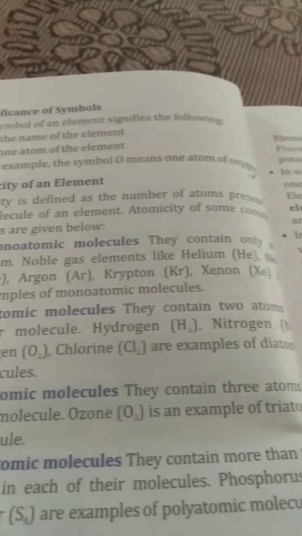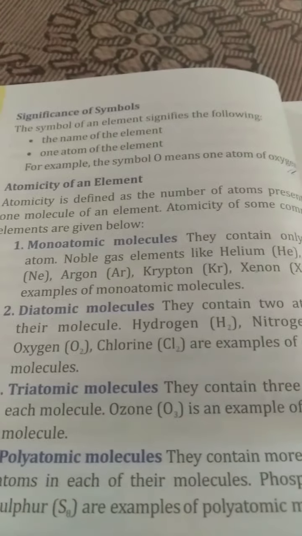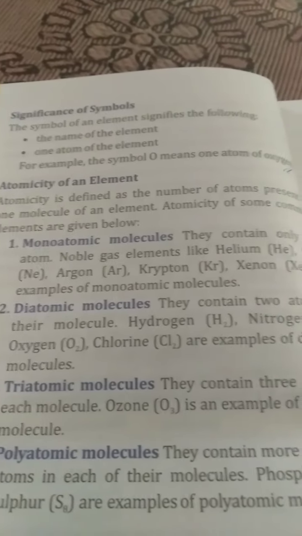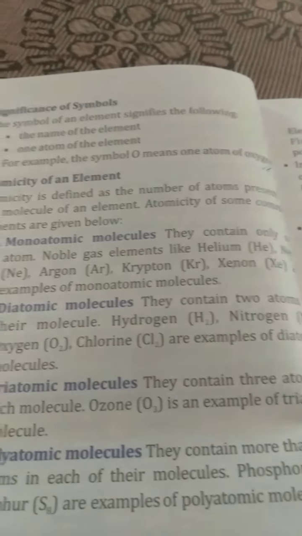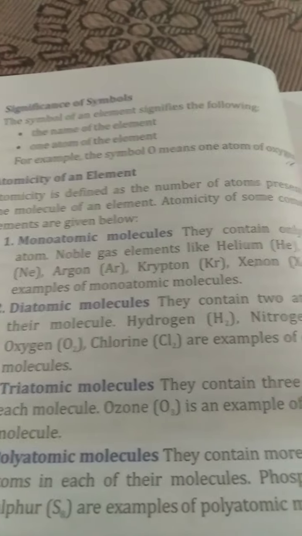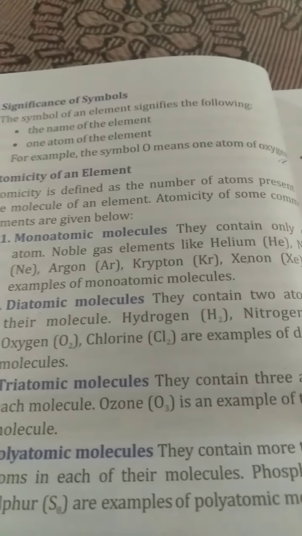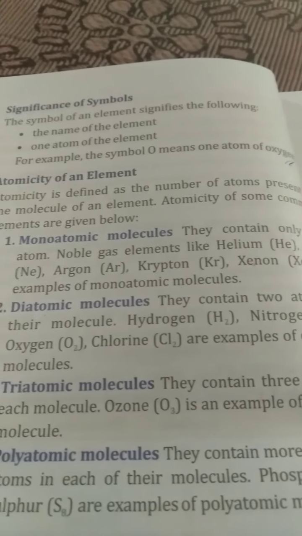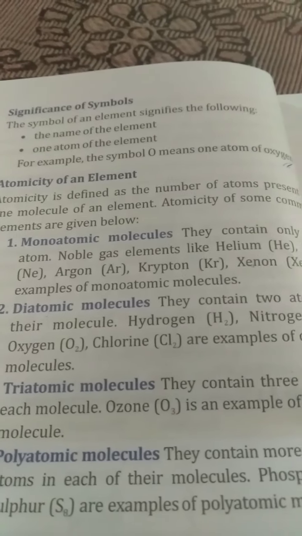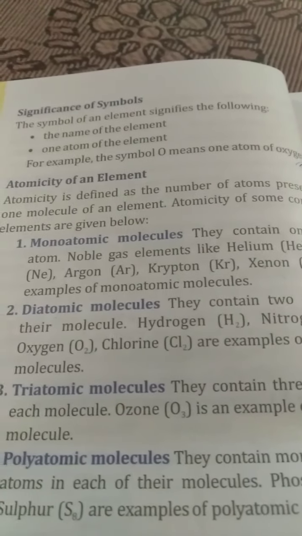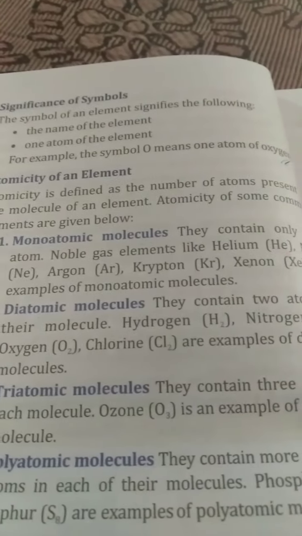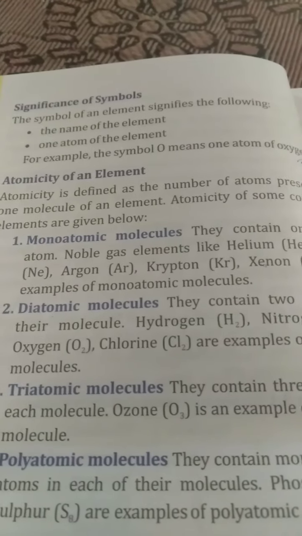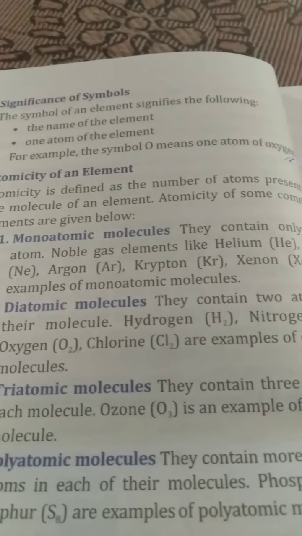Triatomic molecules contain 3 atoms. What is the meaning of tri? Tri means 3. So the molecules which have 3 atoms in them are known as triatomic molecules. The formula is made up of 3 atoms. What is the formula of ozone? O3.